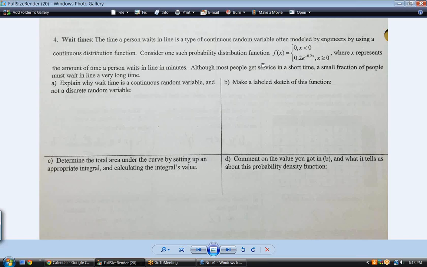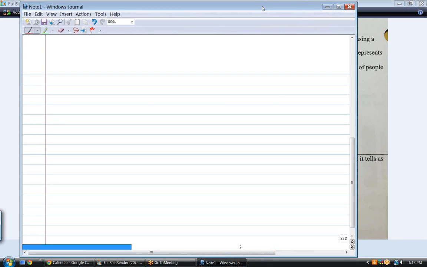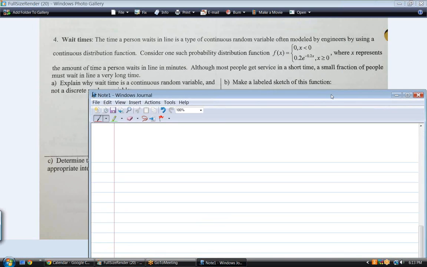In other words, it's not required that x has to be in discrete increments of integers. That's the only thing I can think of. That seems rather simple. Make a labeled sketch of this function. Well, we should be able to do that, I think. Let's see how hard that can be to do.